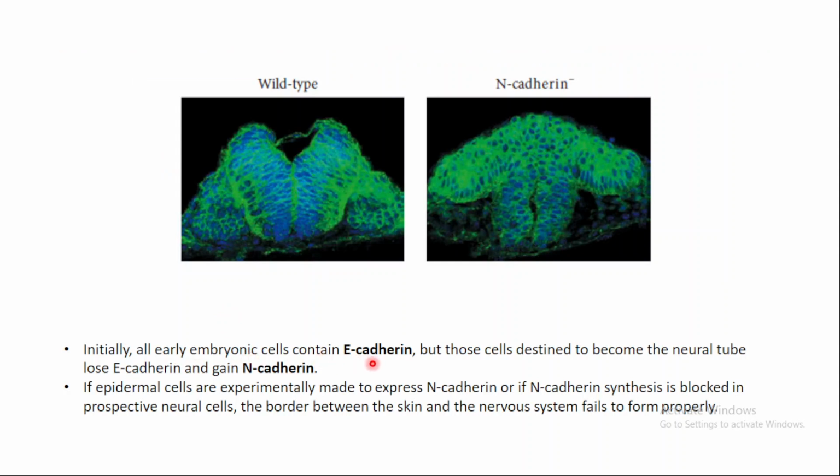Initially, all embryonic cells contain E-cadherin, but those destined to become the neural tube lose E-cadherin and gain N-cadherin. If epidermal cells are experimentally made to express N-cadherin, or if N-cadherin synthesis is blocked in prospective neural cells, which was also one of the statements, the border between skin and nervous system fails to form properly.